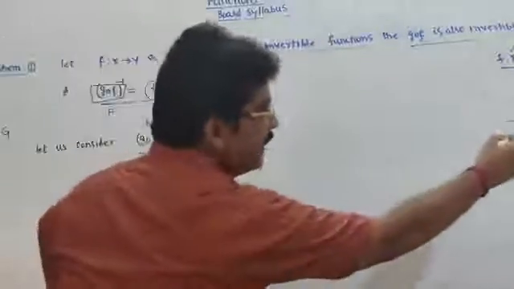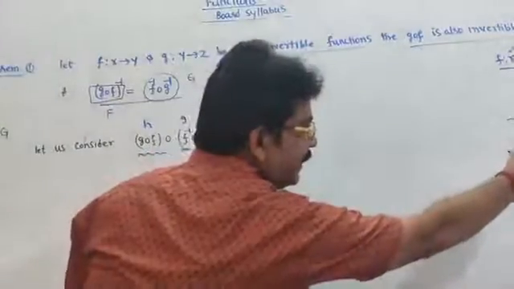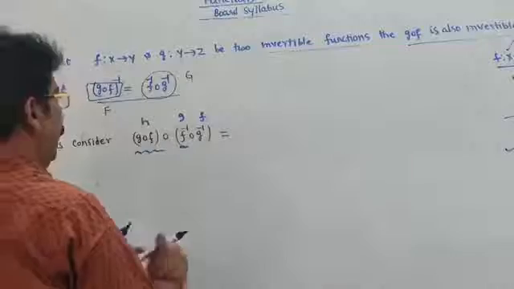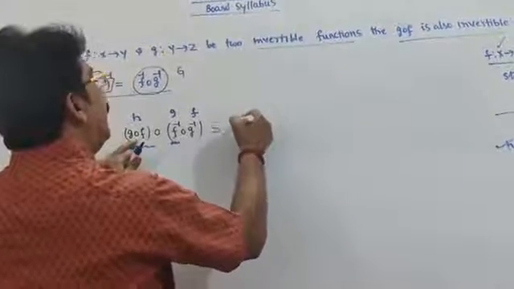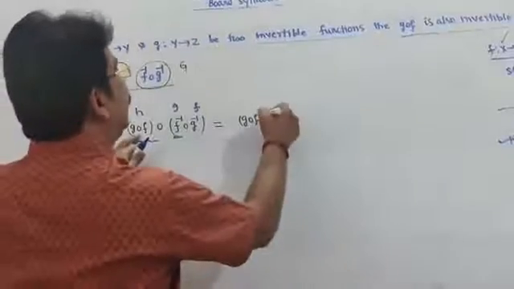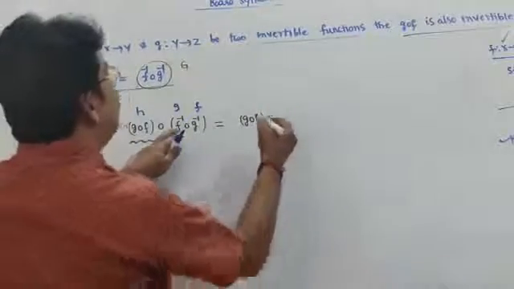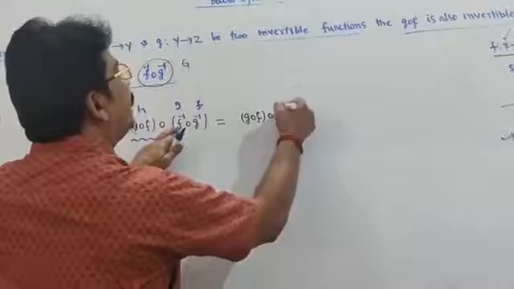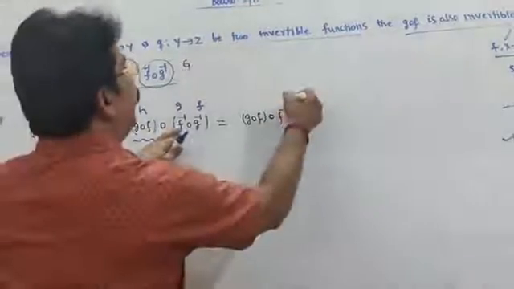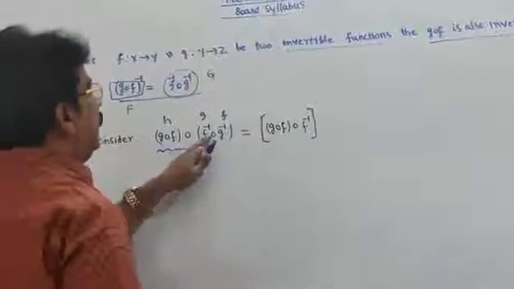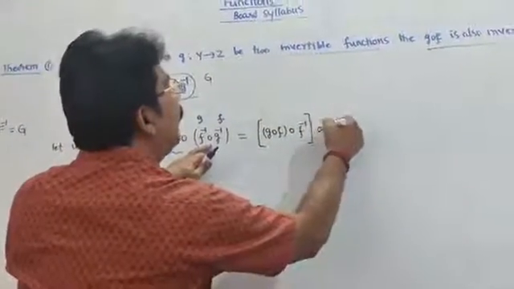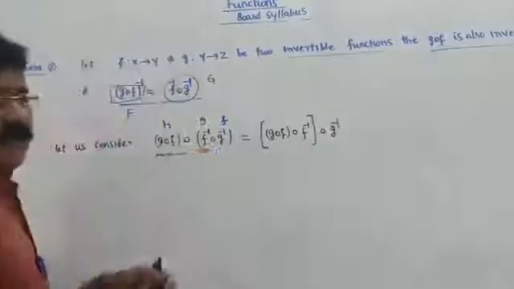So F circle G is (g circle f) circle (f inverse circle g inverse).